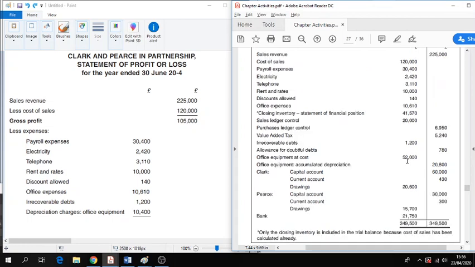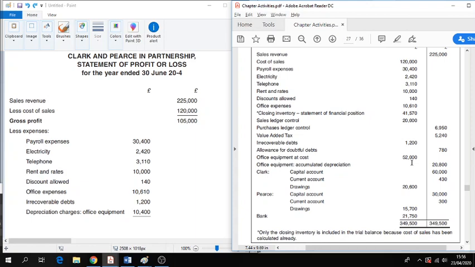Okay, 20% on cost. Again, your two depreciation methods: straight line is on cost, and the reducing balance method is when you take accumulated depreciation away from cost, which is net book value or carrying value, and then you do the percentage on that. Nice and easy, straight line method on cost.